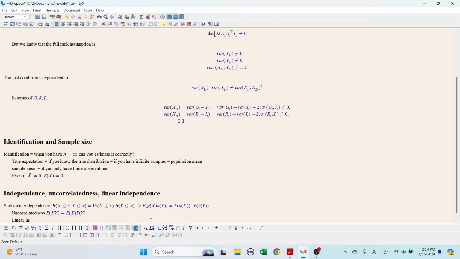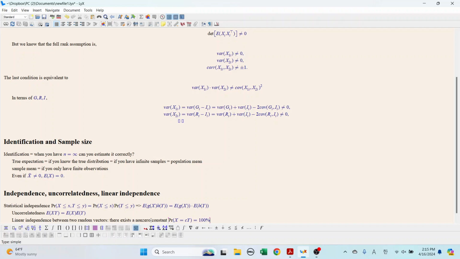And linear independence is not a statistical term. It is a linear algebra term, so it does not think about randomness. But linear dependence between two random vectors means that there exists a non-zero constant c such that the probability that x equals c times y is 100%.